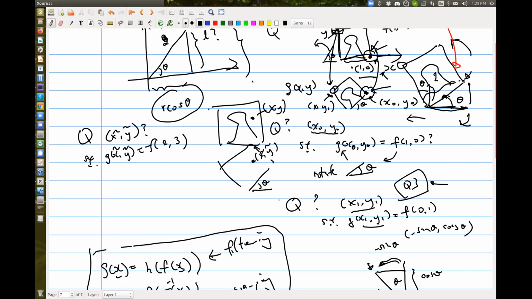Similar question, we tried the corners, but now not points along the axis, but some point at the coordinate 2 and 3. How will this point, at original coordinate 2 and 3, be mapped to the new coordinate in the new image? Basically, what will be the new coordinate there?